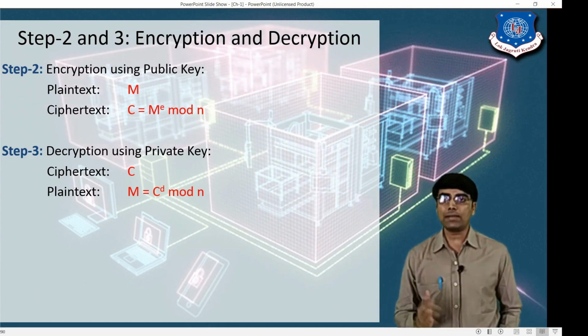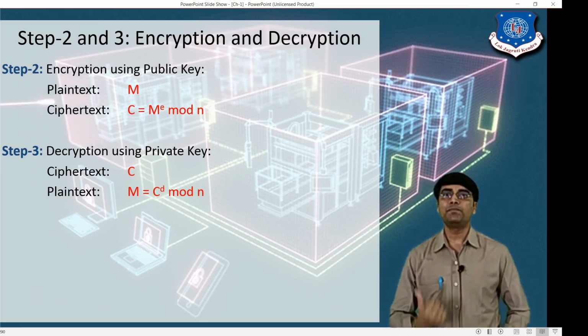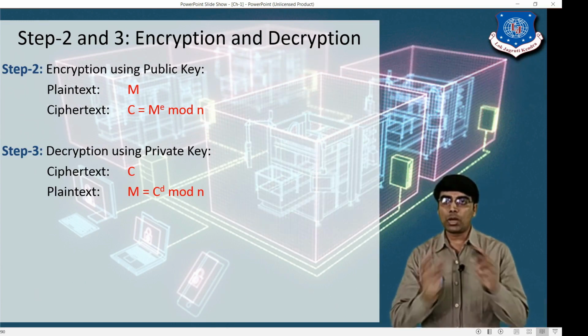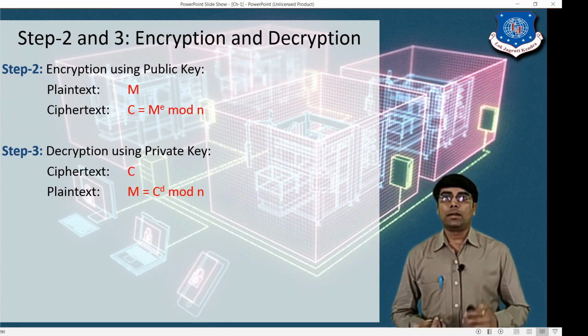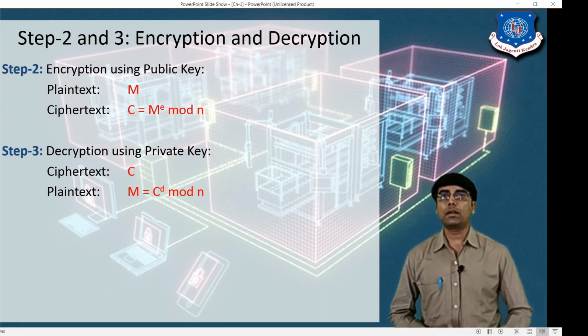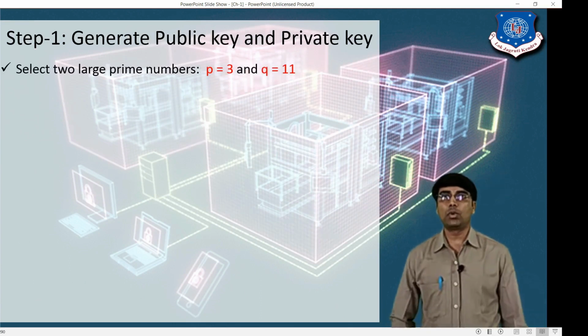M is the original message, C the cipher text, d the decryption key, mod n. So I hope this idea is clear. These are the steps to generate the public key and private key, and to perform the encryption and decryption. Now let's see one example to clear this idea.